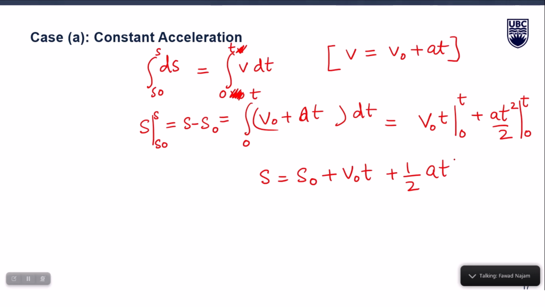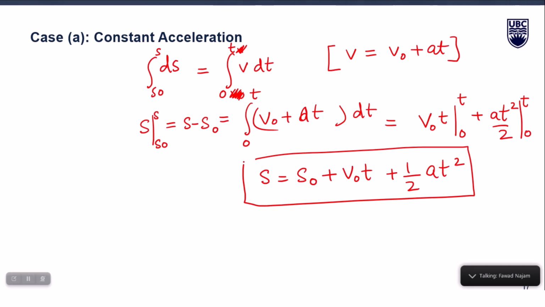That equation describes your displacement time relationship for a constant acceleration case, right? Since the acceleration was a constant value, we were able to evaluate those successive integrations and derive two equations. One equation is the one on top, which is the velocity time relationship, and then the displacement time relationship also.